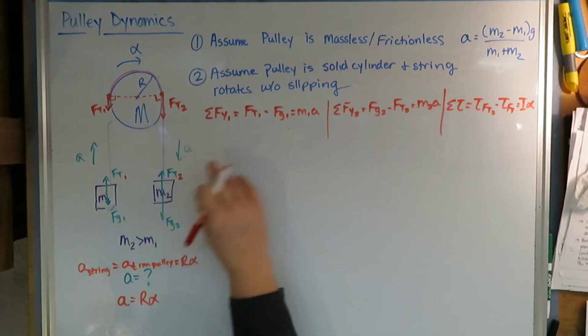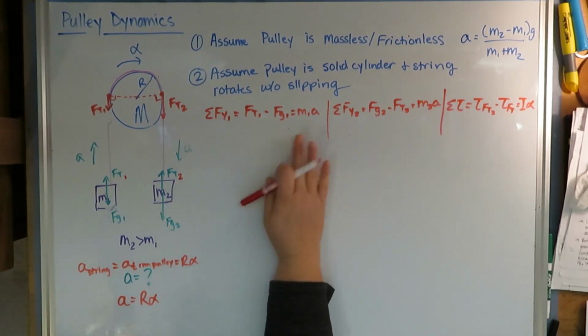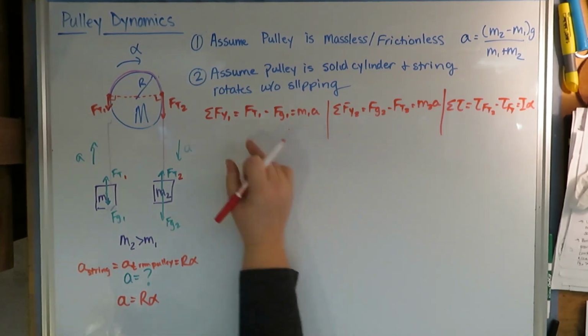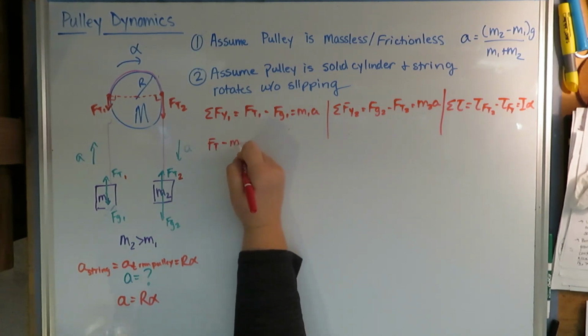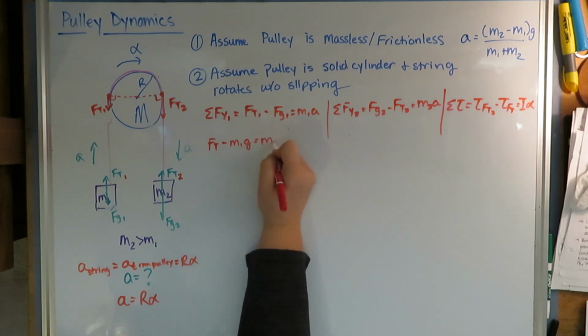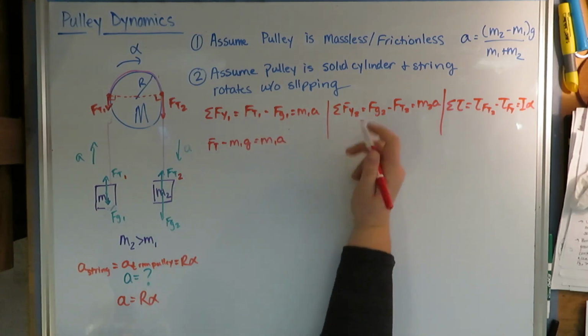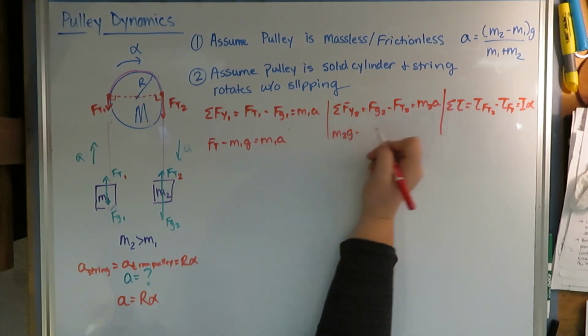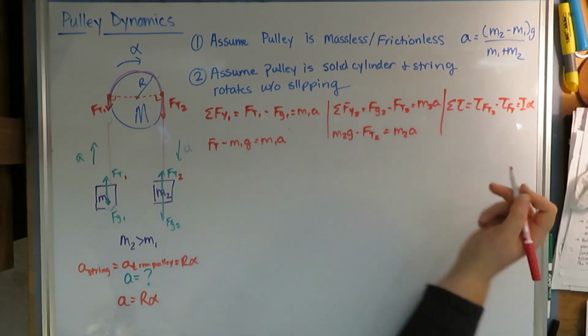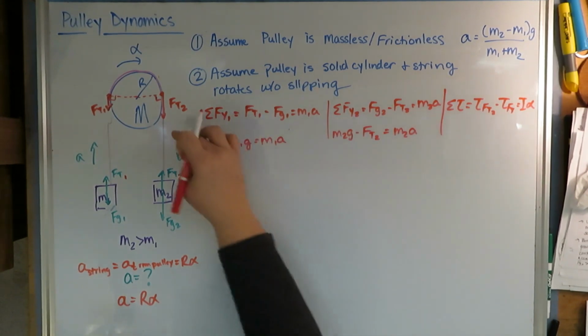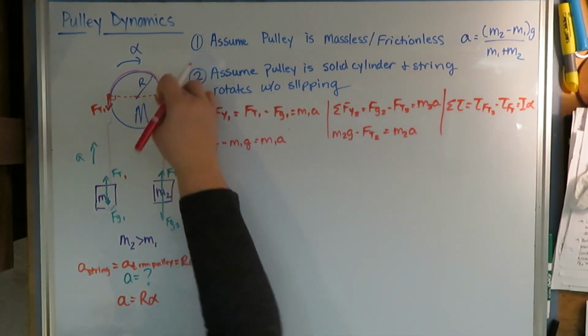So I'm going to start by plugging in my variables that are known over here. For FT1, that's still unknown. FG1 is going to be M1G, and that's going to equal M1A. Over here, I'm going to get M2G minus FT2 is equal to M2A. And then over here, the torques are going to be at 90 degrees with the tension and the radius.